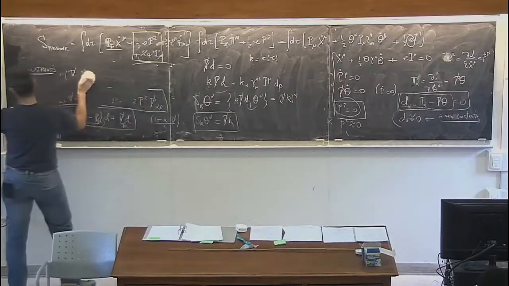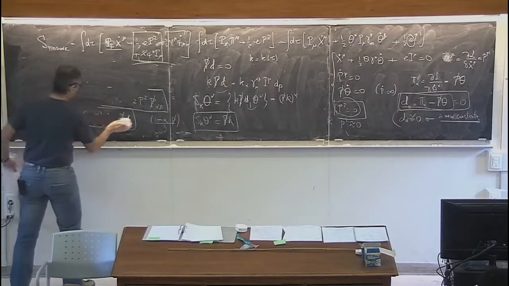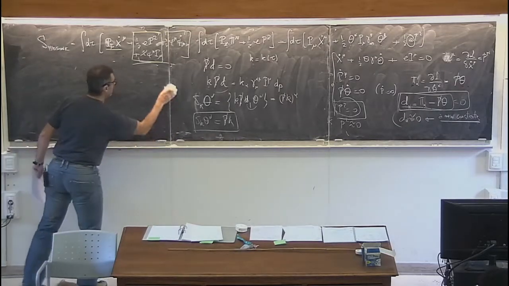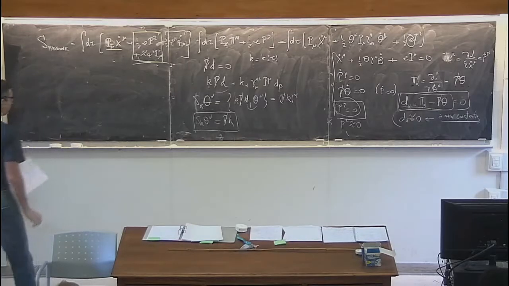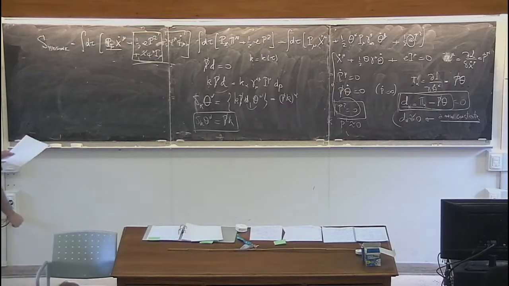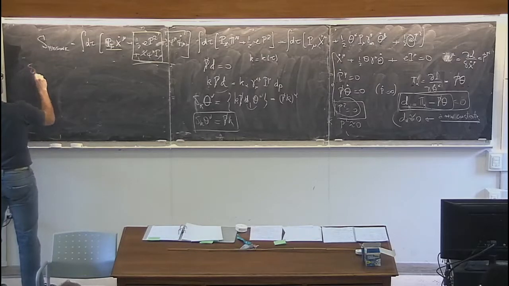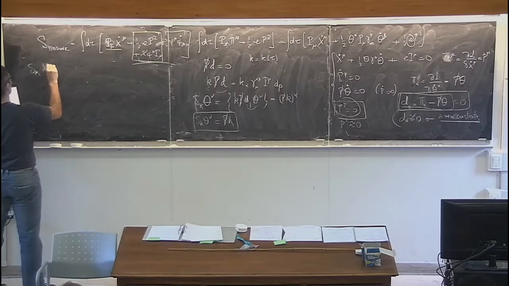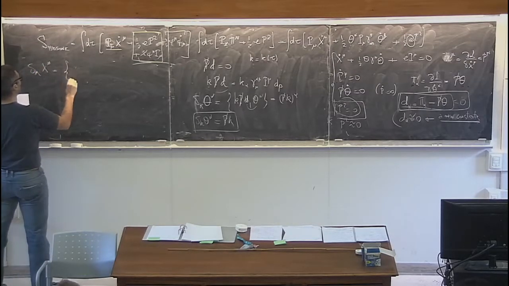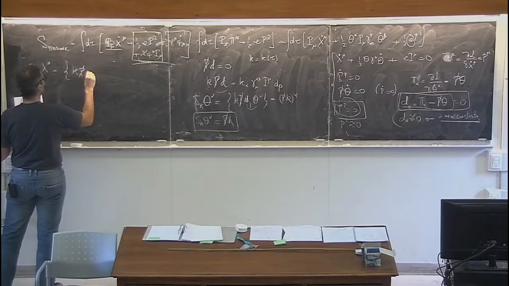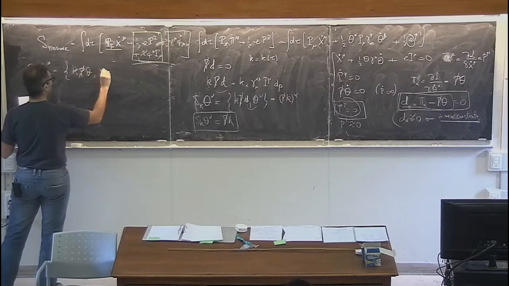Now here, I first give you the result, and then on Monday I will continue on this. What is the variation of x mu? That will be again the Poisson bracket between kappa p slash d acting on x mu.